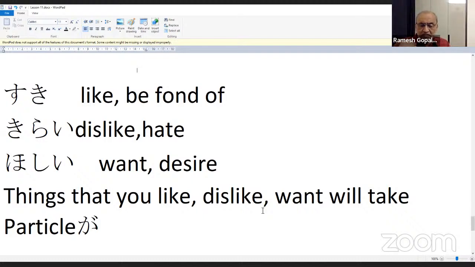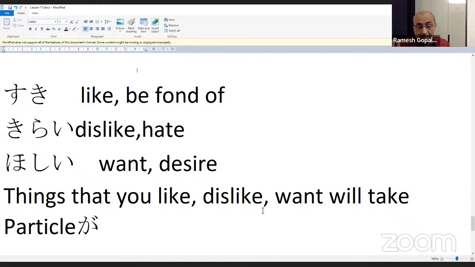Ice cream o tabemasu means I will eat ice cream. Juice o nomimasu, kohi o nomimasu, I can say. But that is an action, that's a verb. I do something to that object.